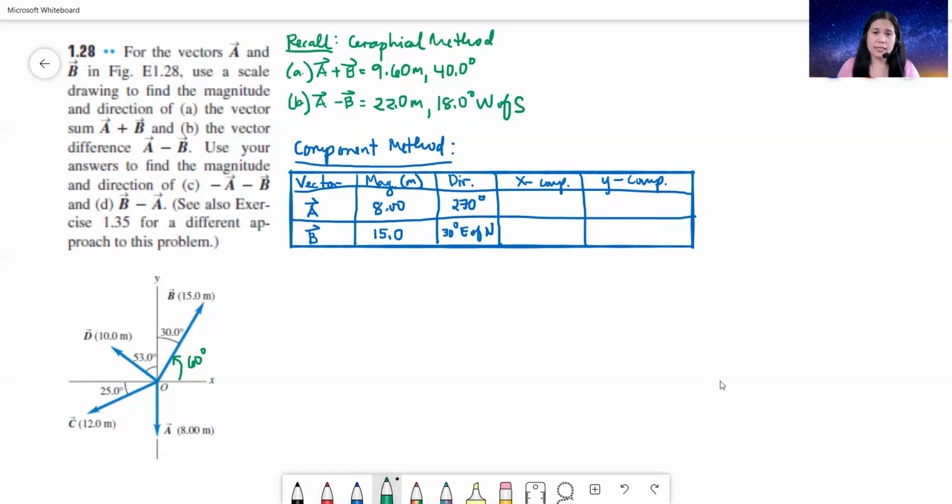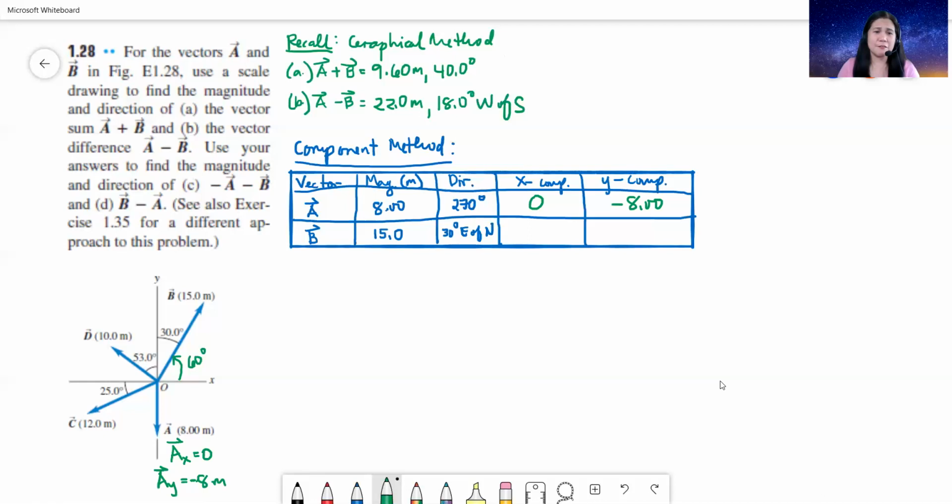Therefore, it has 0 x component. So, I can write here, therefore, that A sub x, or the x component of A, is 0. And then, the y component itself is equivalent to the vector A mismo, which is 8 meters, pero going negative y-axis. So, even without solving, it's negative 8.00.